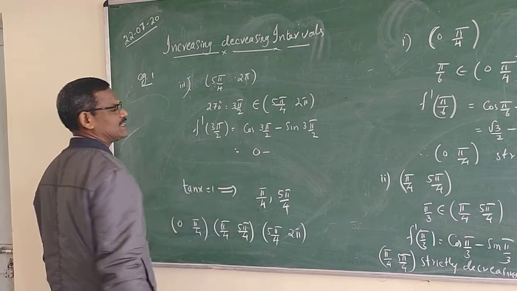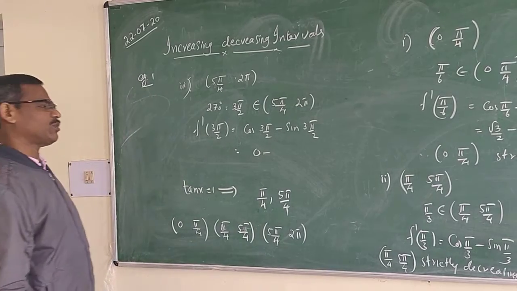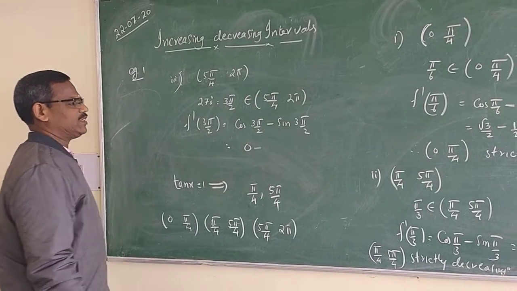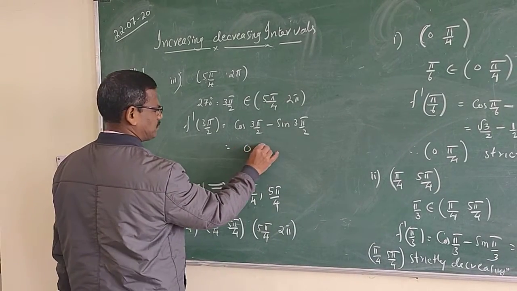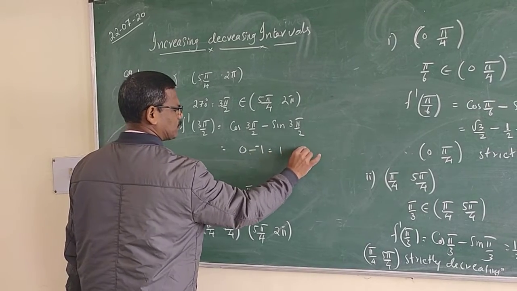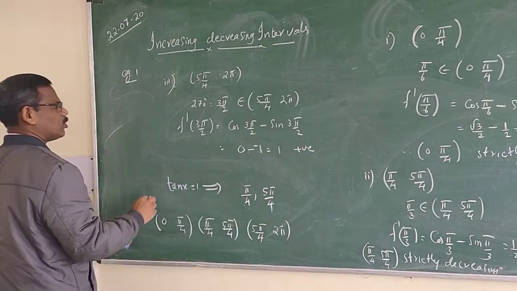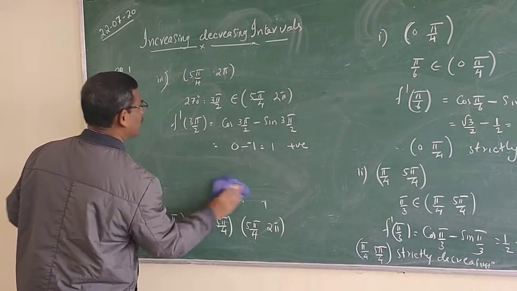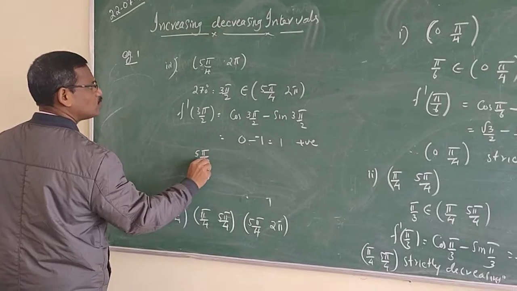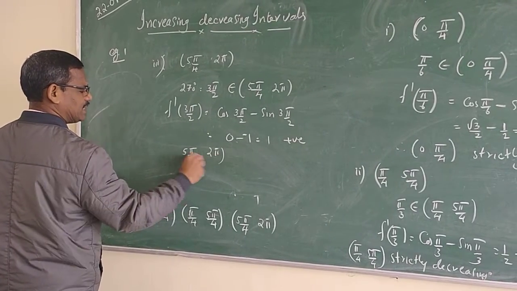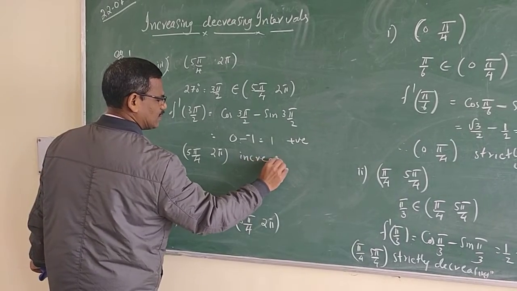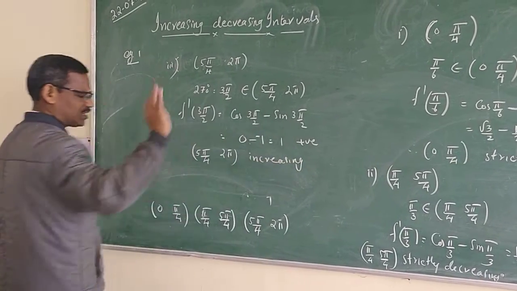Minus sine 270. What is the value of sine 270? Sine 270 is minus 1. So minus of minus 1 becomes positive. So this interval, 5 pi by 4 to 2 pi, is an increasing interval. So we have checked all the three intervals.